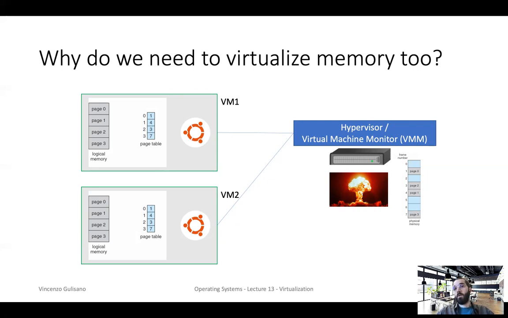So basically, it's like playing the game of virtual memory, but now not between the physical memory and the processes, but between the physical memory and the guest operating systems, which in turn will play the same game between the guest operating system and their processes, okay?